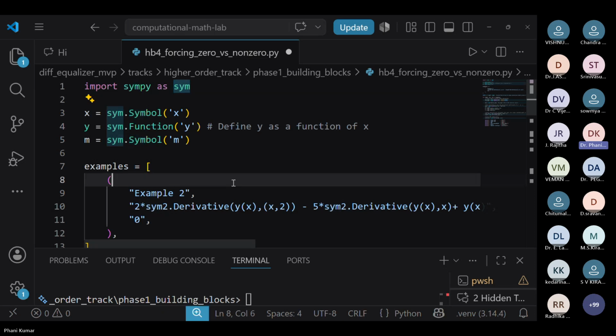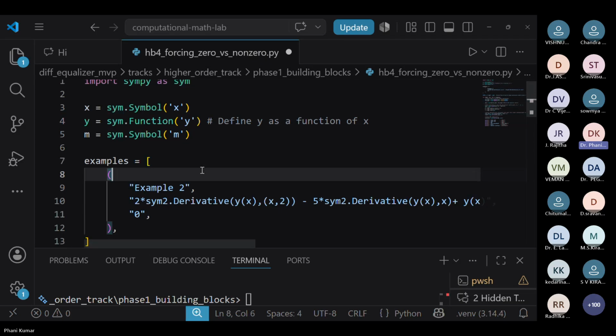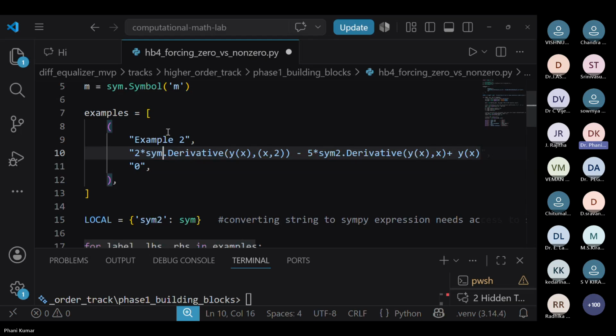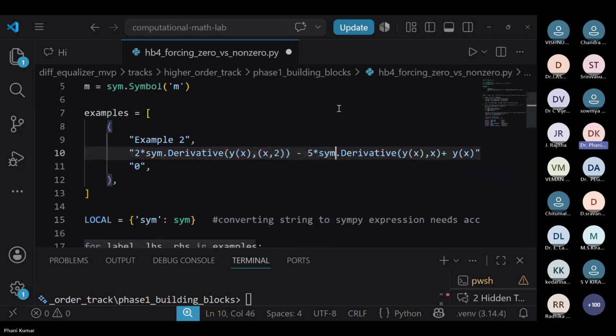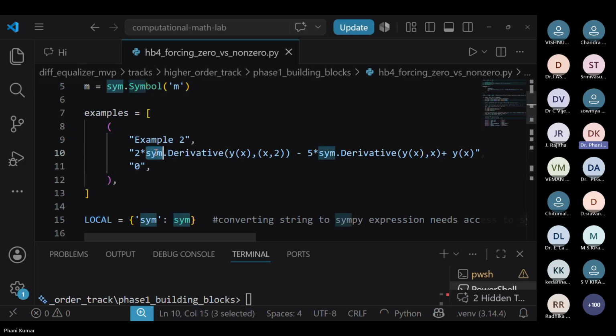So that's why we are using that sim, or otherwise, because direct sim is there, with import SimPy as sim, it takes an object. So if we take everything as an object, then the Python program cannot understand. We are going to convert that sim to another name. Then it converts into an expression, right?